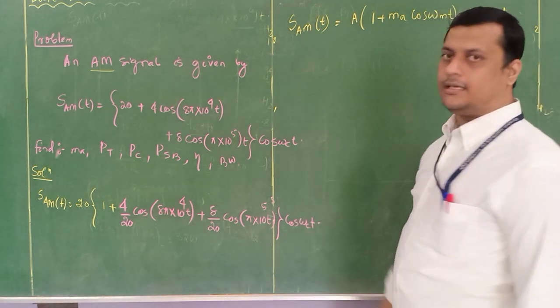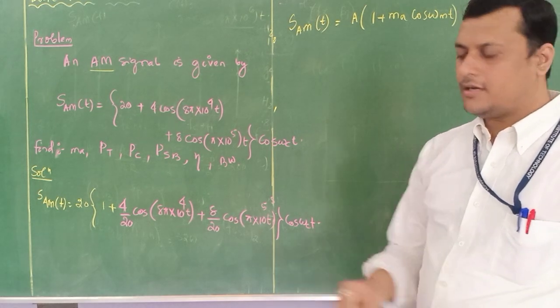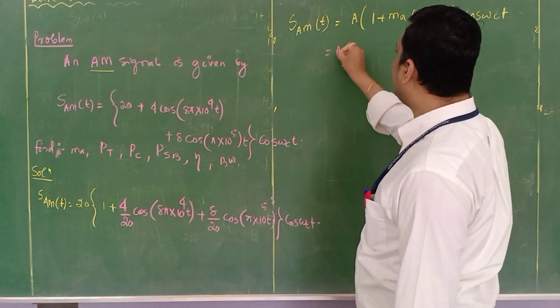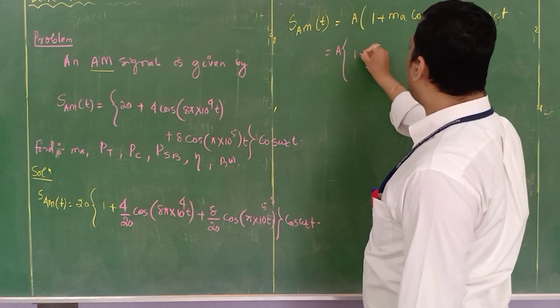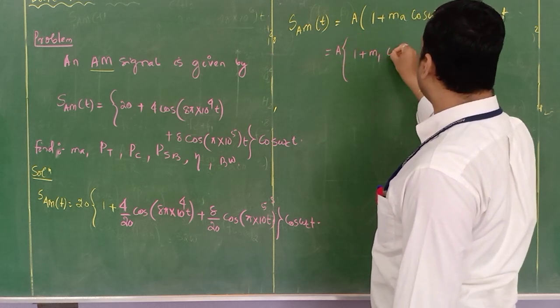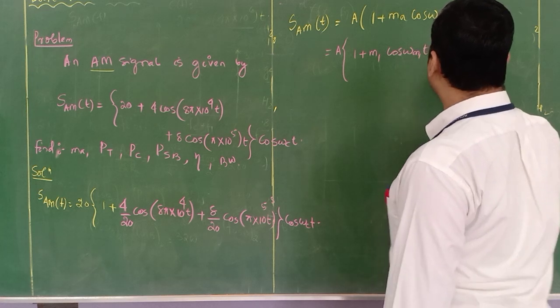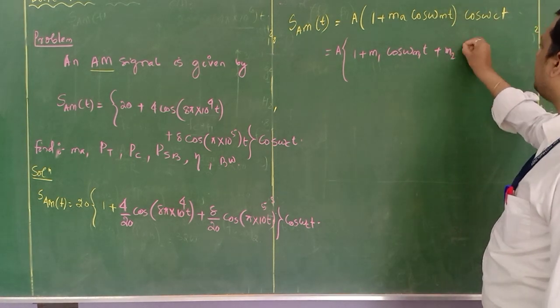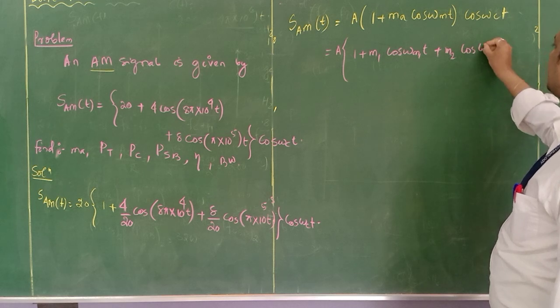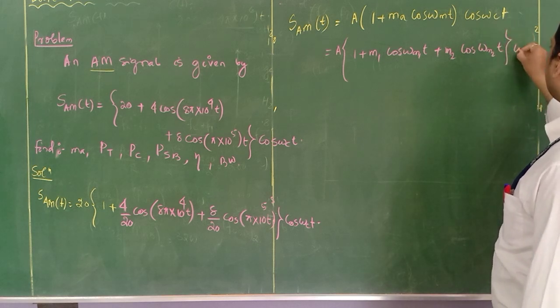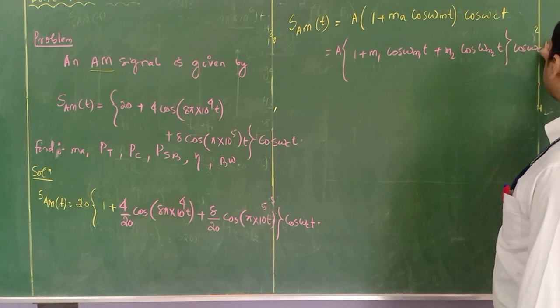This is the general representation for single tone, but if it is multi-tone, then I will write A into 1 plus m1 cos omega m1 t plus m2 cos omega m2 t, whole into cos omega c t.